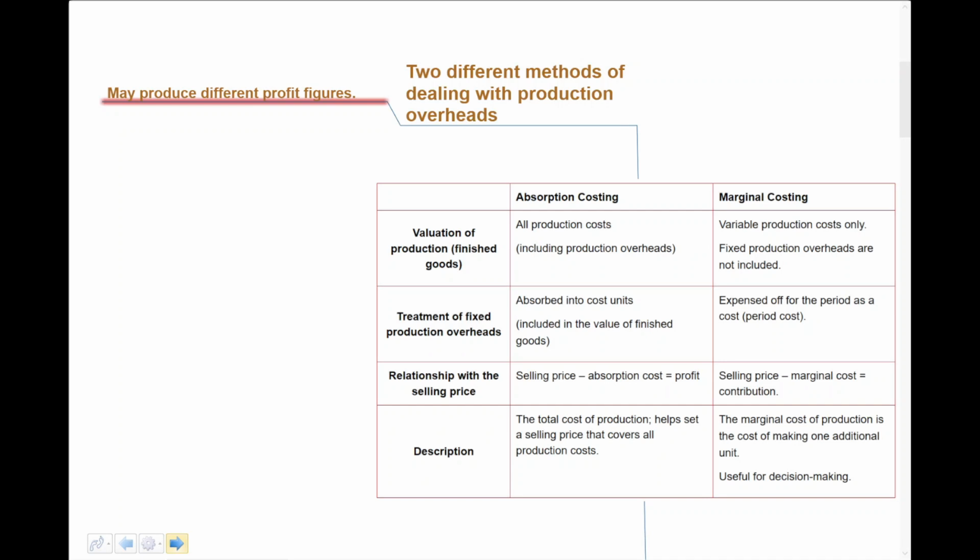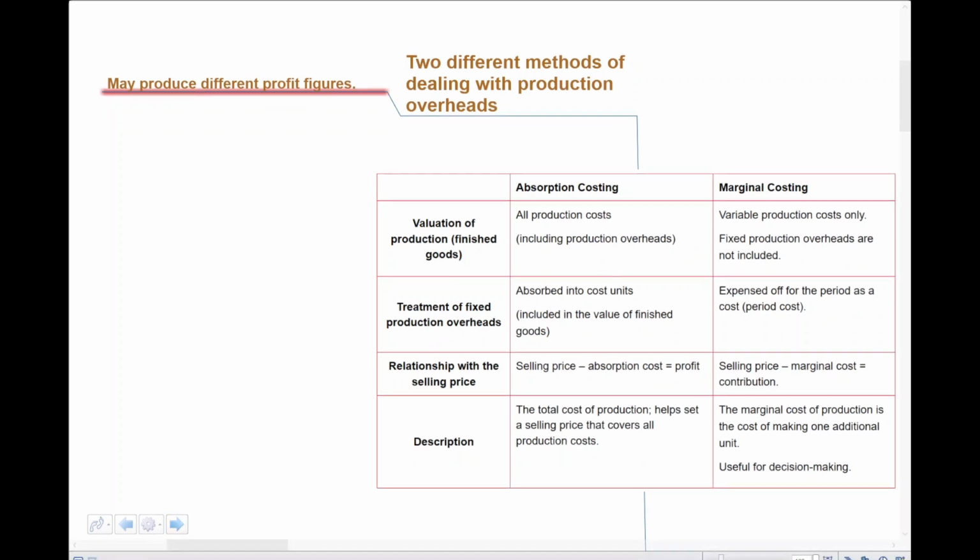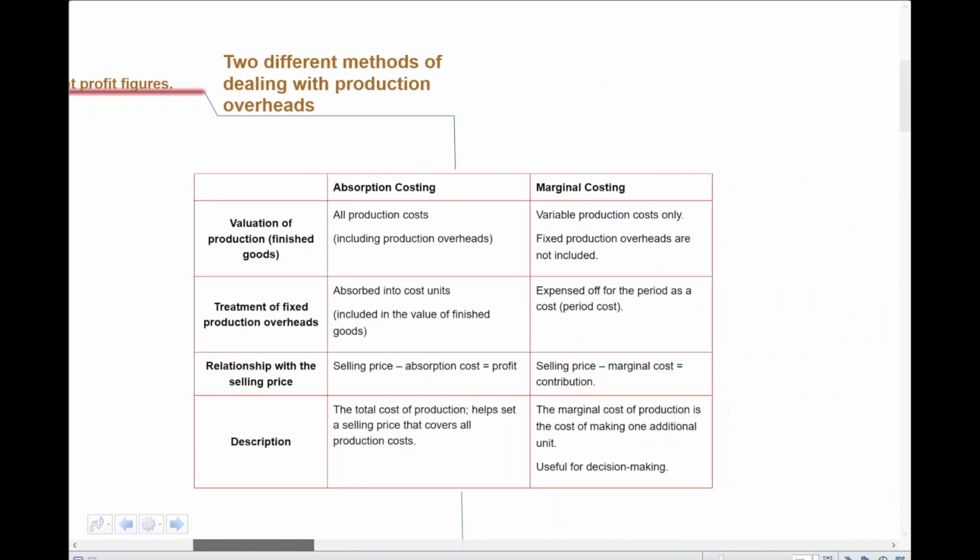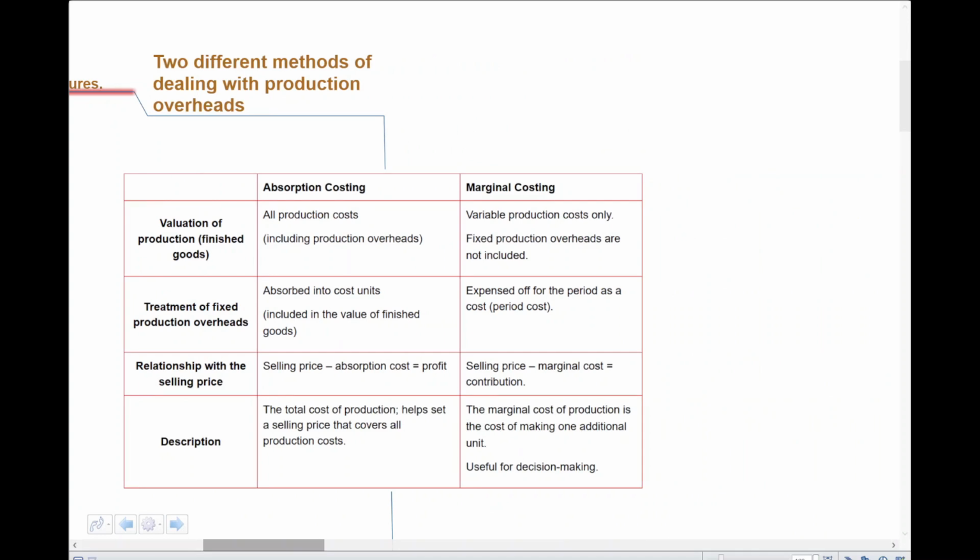They have to, because they've got different closing inventory figures. So looking at the diagram that I've cut and pasted here, if I just bring this across a little bit, let's look at the left-hand side first.